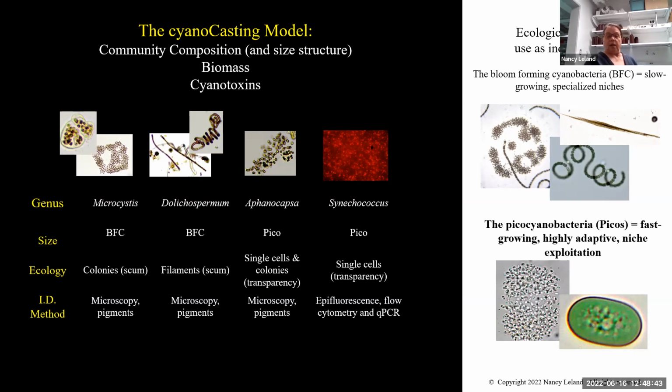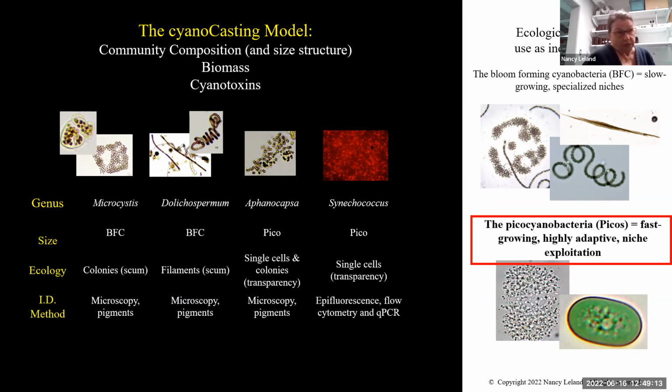And when you look at something like the picocyanobacteria, they are very fast growing. They are highly adaptive and they actually are so diversified in their niches. They actually are more of an exploitive type of an organism. So you can see response to a change in some type of a habitat and have the picos responding within a matter of hours to those changing conditions.